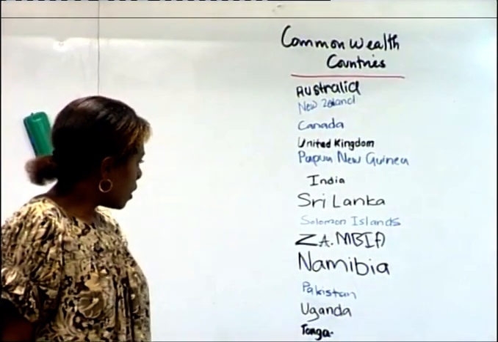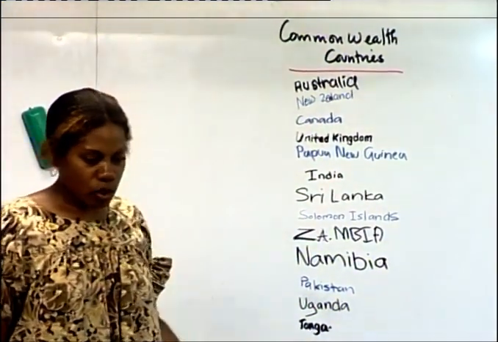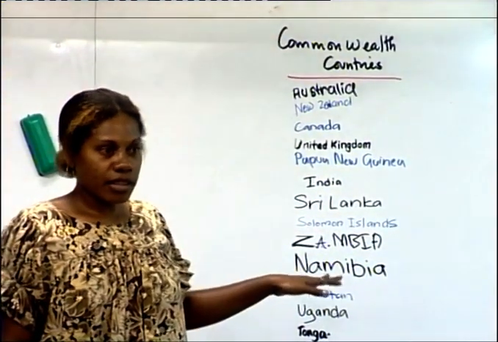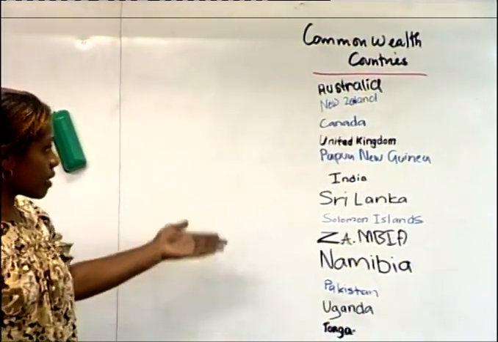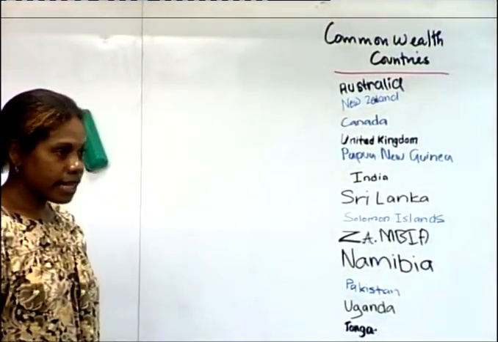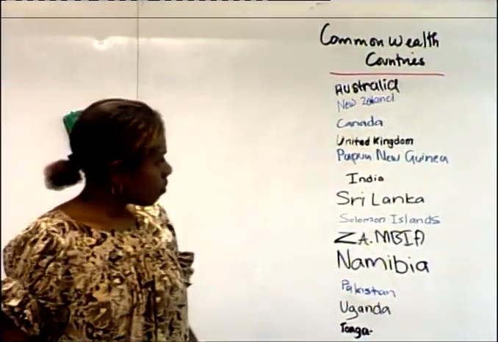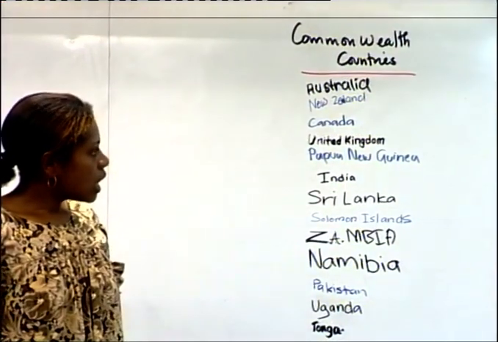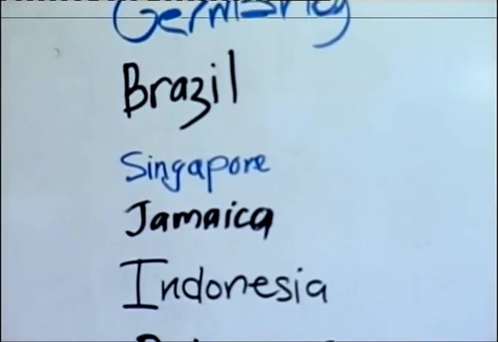You're supposed to look at your map and identify those countries. Australia, New Zealand, Canada. Non-Commonwealth, USA, Germany, Brazil.